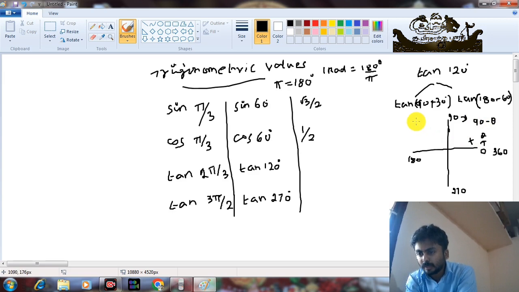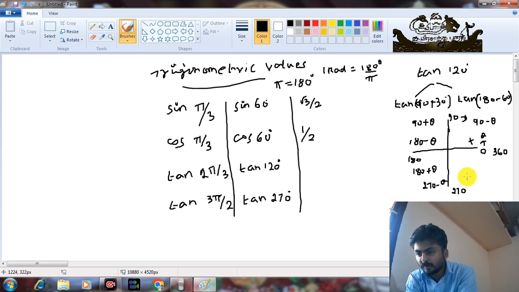Here we are having 90 plus theta, or we will have 180 minus theta. Here we are having 180 plus theta, and here 270 minus theta.